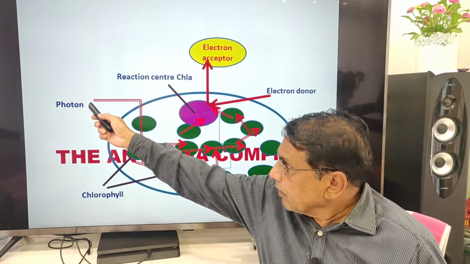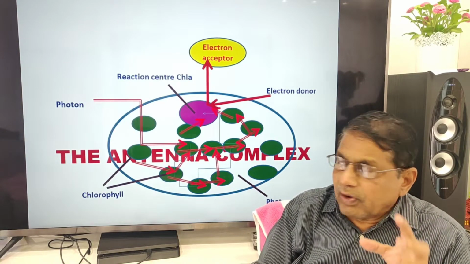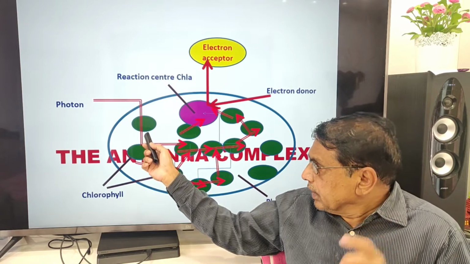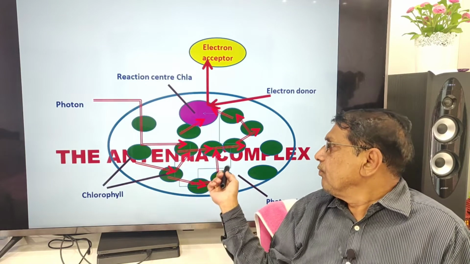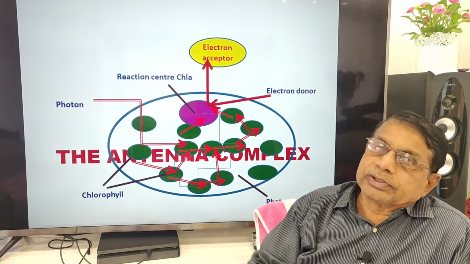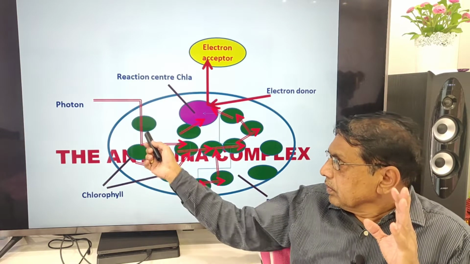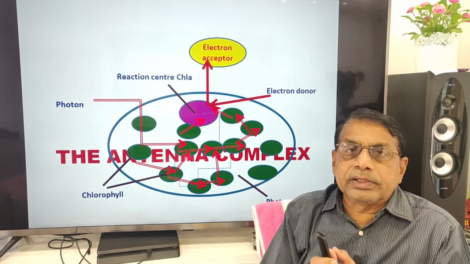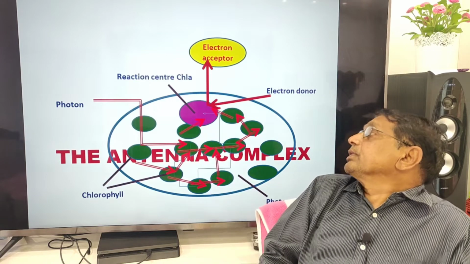When light in the form of photons, discrete units, falls on these molecules, the energy is transferred from one to another, ultimately to the reaction center. All of them collect that energy and transfer it to the reaction center.